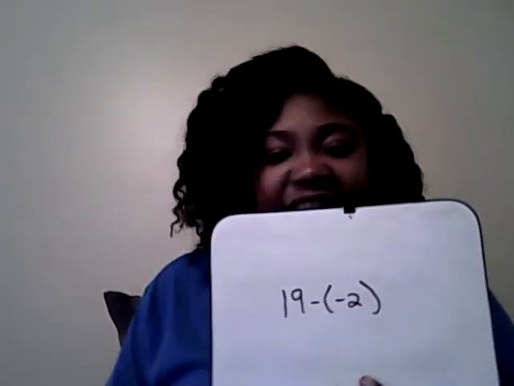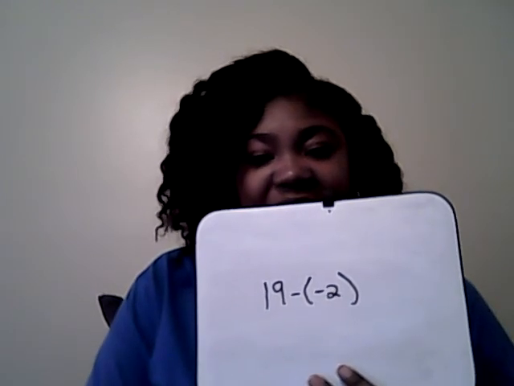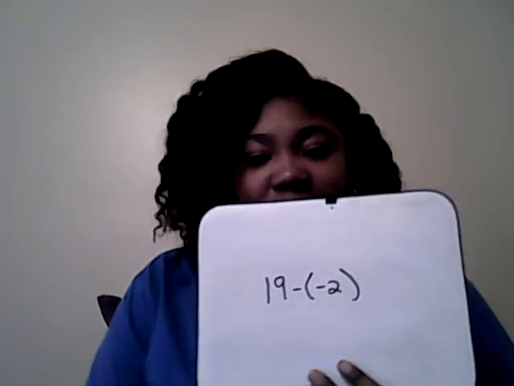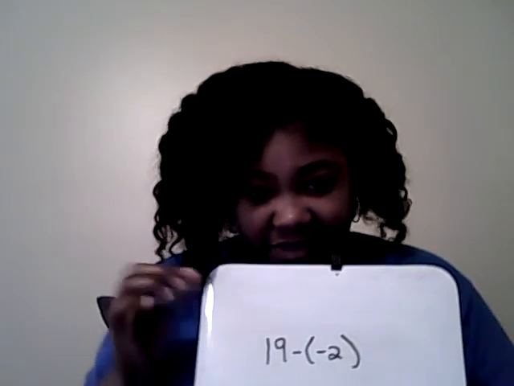Now we're at 19 minus negative 2. Now what are we going to do? Whenever we see two signs like that side by side, all we're going to do is cancel out.